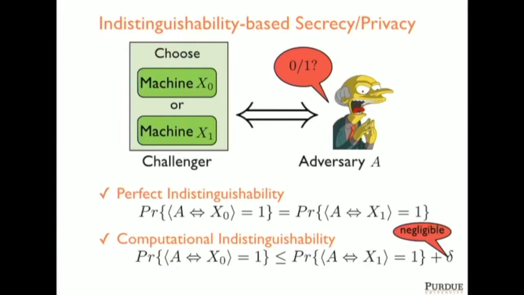Through this interaction, it will try to determine whether it is interacting with machine 0 or machine 1. When we say we have perfect indistinguishability, the best possible privacy, the adversary cannot distinguish whether it is interacting with machine 0 or machine 1.